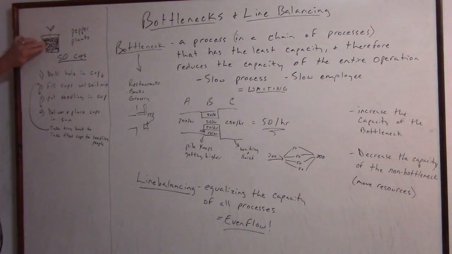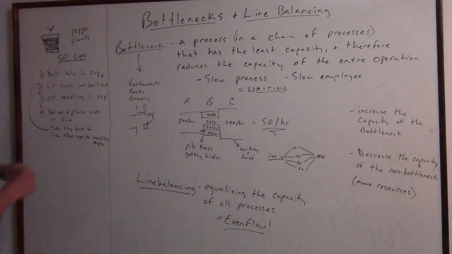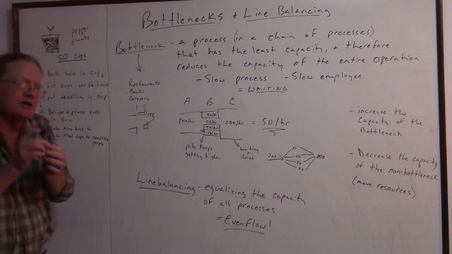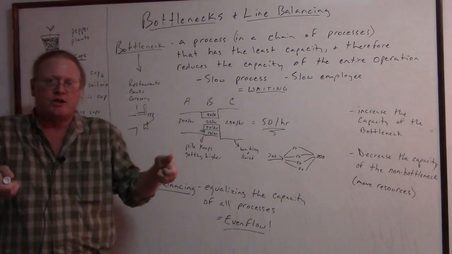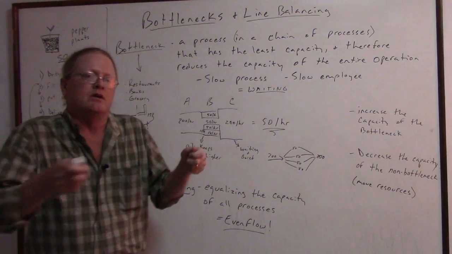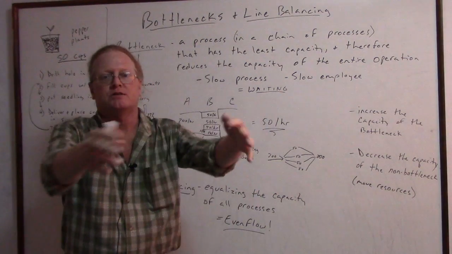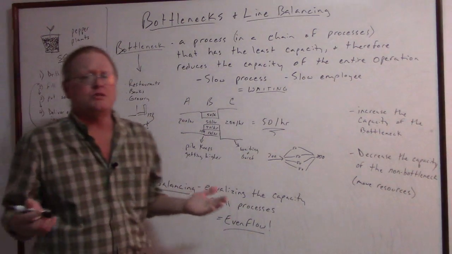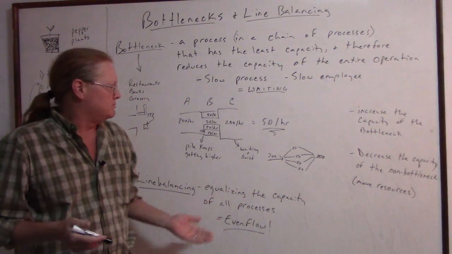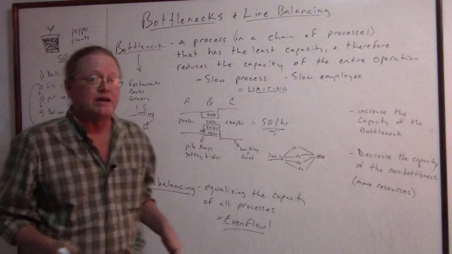We don't want it to be a little swimming pool. So we have to drill a hole in the cup. We have to fill the cups with a soil mix. Then we have to take the seedling from the tiny little tray and pop it in there, which is tedious. And then we take the tray of 50 cups out into the sun and put them on a table so they can get sunlight.